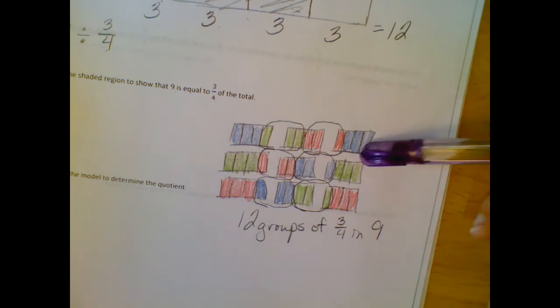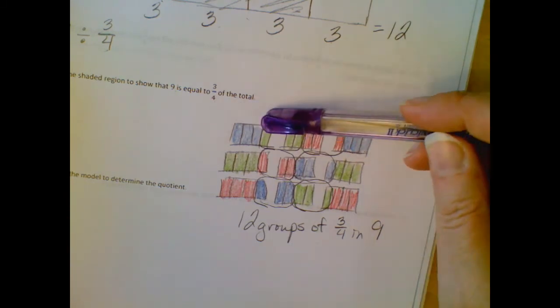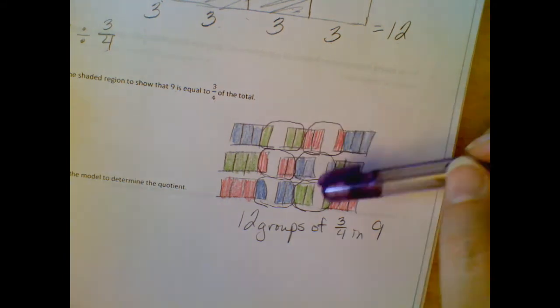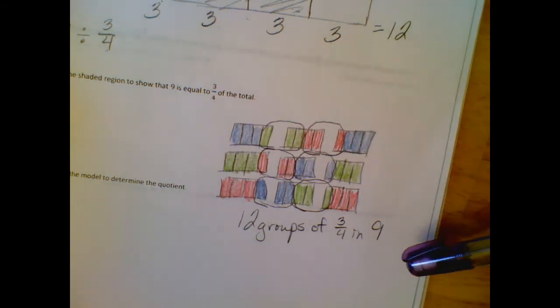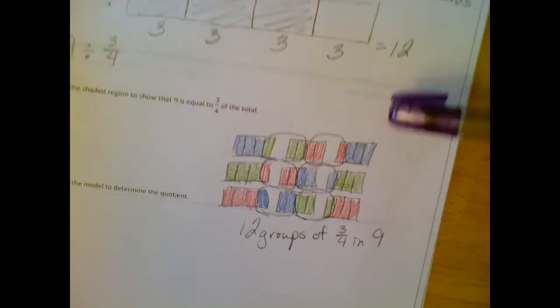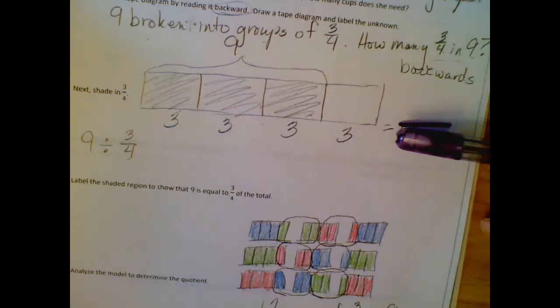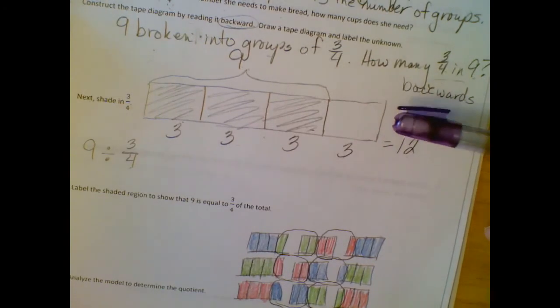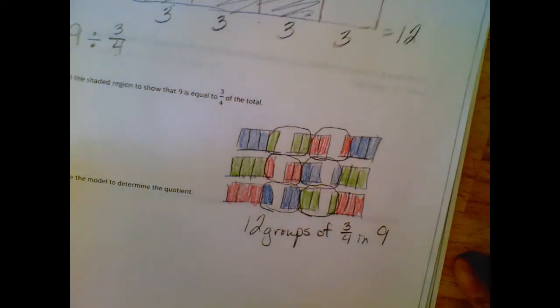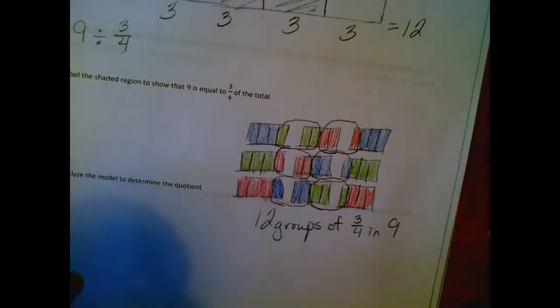I can see my 9 things. I can see my groups of fourths and into 3/4, and sometimes I had to break them up. I like this way as a visual model actually better than the tape diagram. It's a little faster to draw this, but I like seeing the parts and how they come together with this.